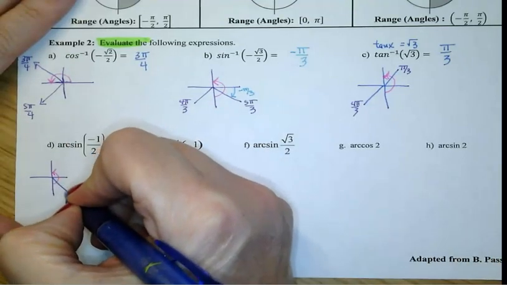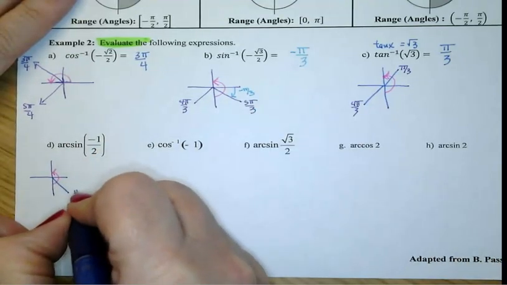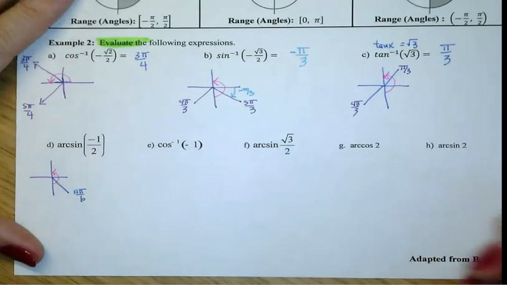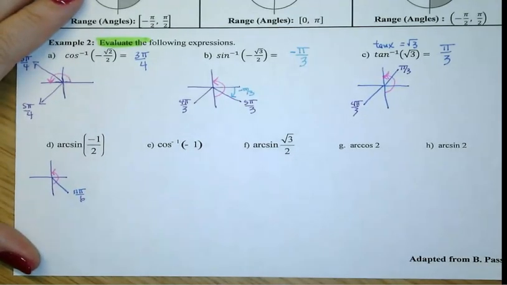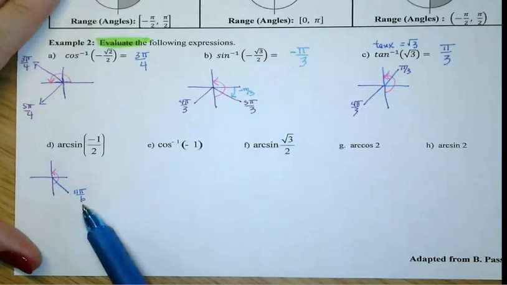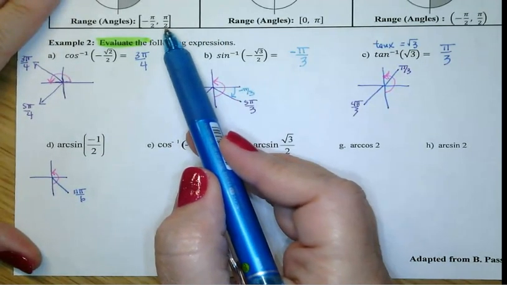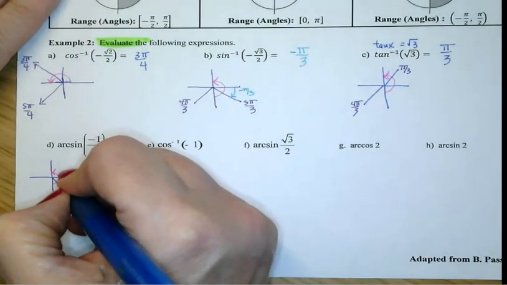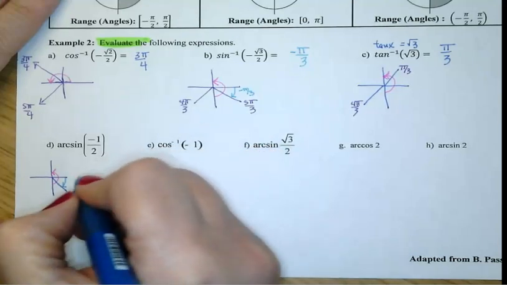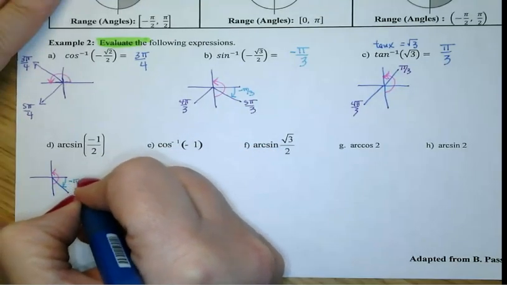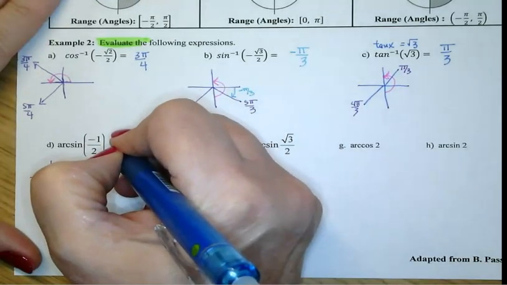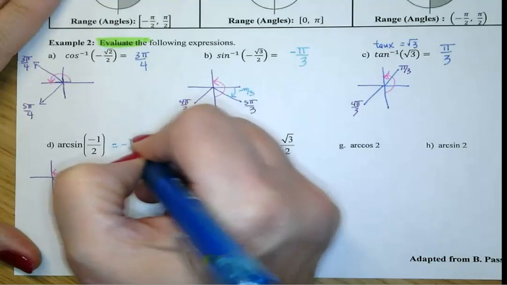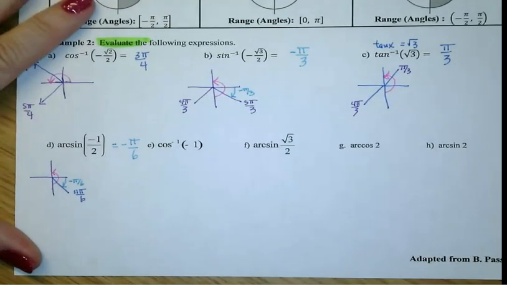The angle that's in the fourth quadrant, which happens to be 11 pi over 6. Now that I've designated that that's 11 pi over 6, I hope you can see that 11 pi over 6 is way bigger than the pi over 2 restriction that we have. So I'm going to start from here and go down here to my negative pi over 6 angle. And so that would be my answer there.